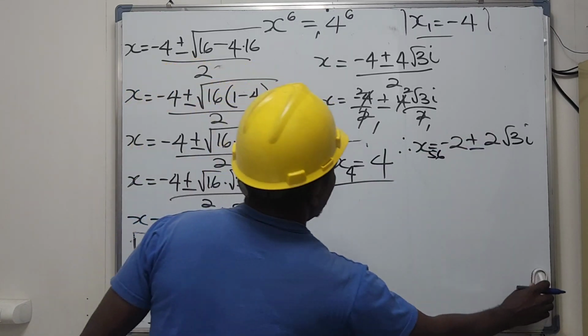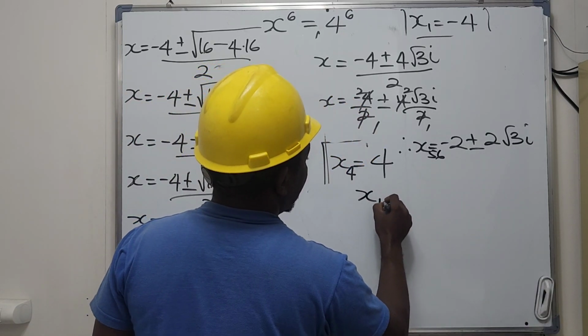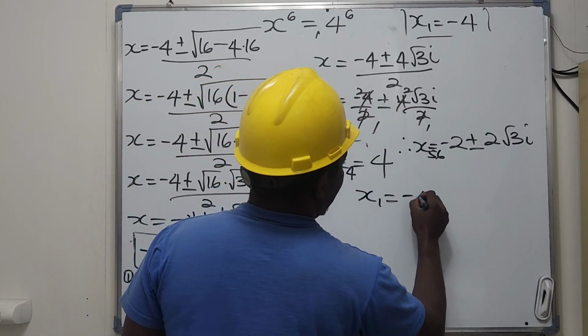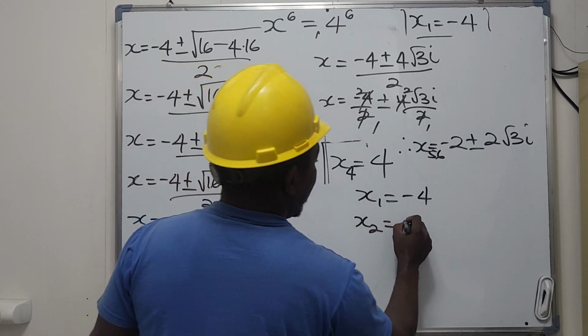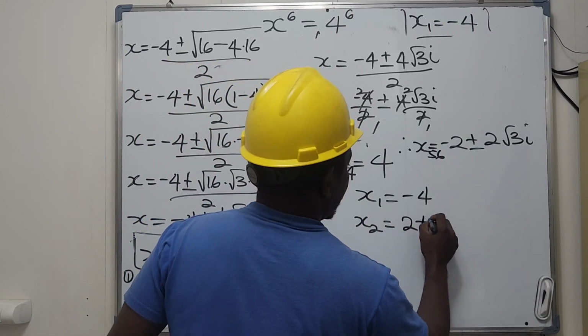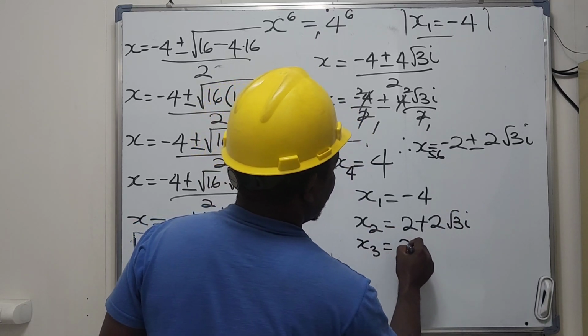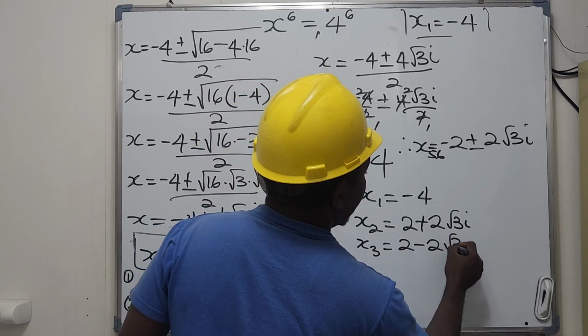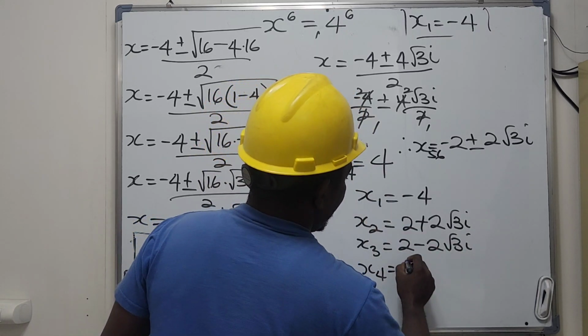We can write out all the solutions of x that we have. We have here value of x1 equals minus 4. Then value of x2 equals, from here, 2 plus 2 root 3i. Value of x3 equals 2 minus 2 root 3i. Then value of x4 equals 4.